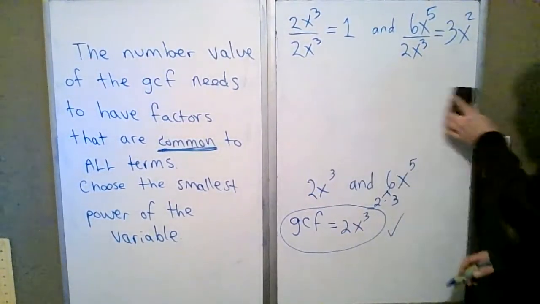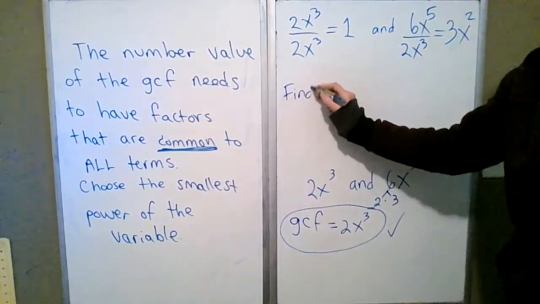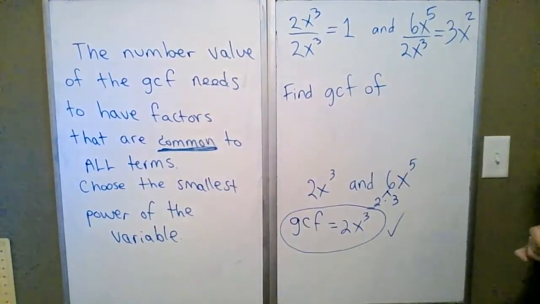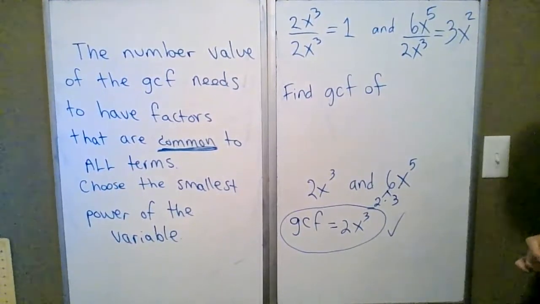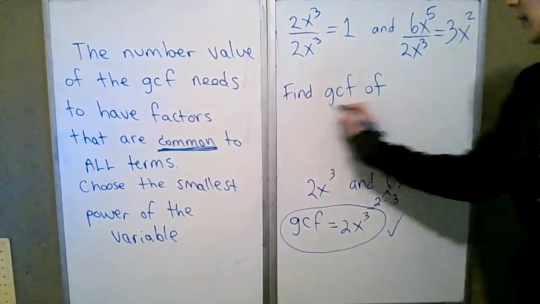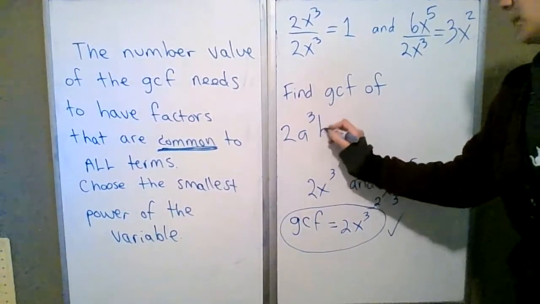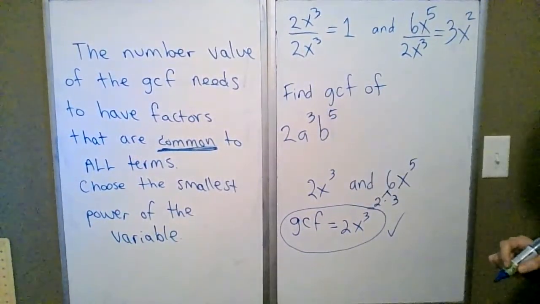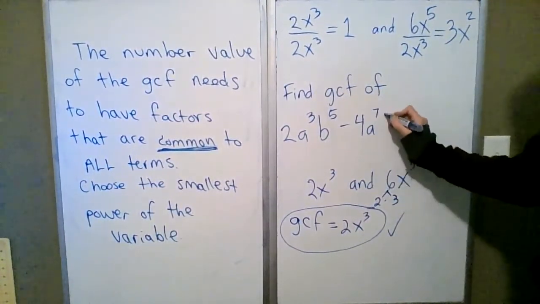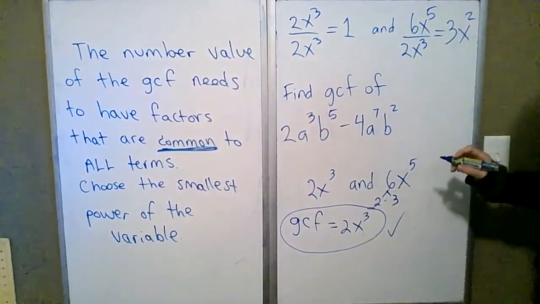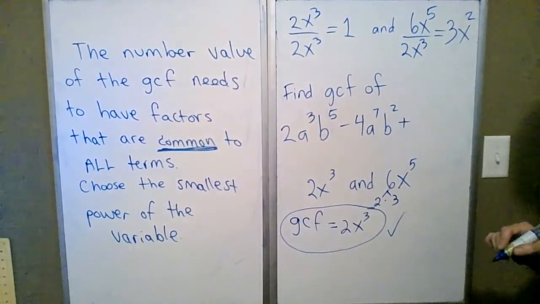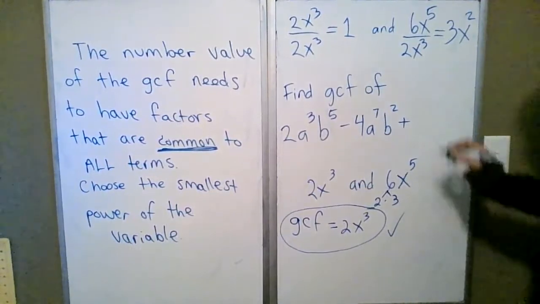Okay, let's find the greatest common factor of 2a cubed b to the 5th, minus 4a to the 7th b squared, plus 8a to the 6th.